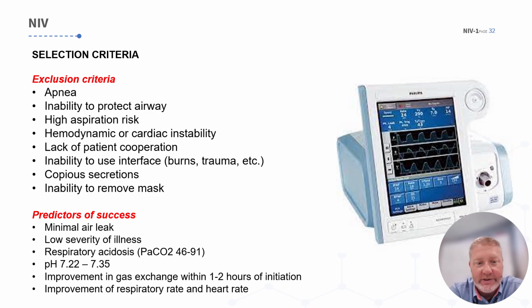If they won't wear a mask, you can't force them. Inability to use the interface. If they have any facial fractures, burns, trauma, anything like that, you're not going to strap a mask on them. Copious secretions, because BiPAP or NIV in general does not help with secretion production or removal. And then inability to remove the mask, again, that's more for in hospital when people aren't watching them 24/7.